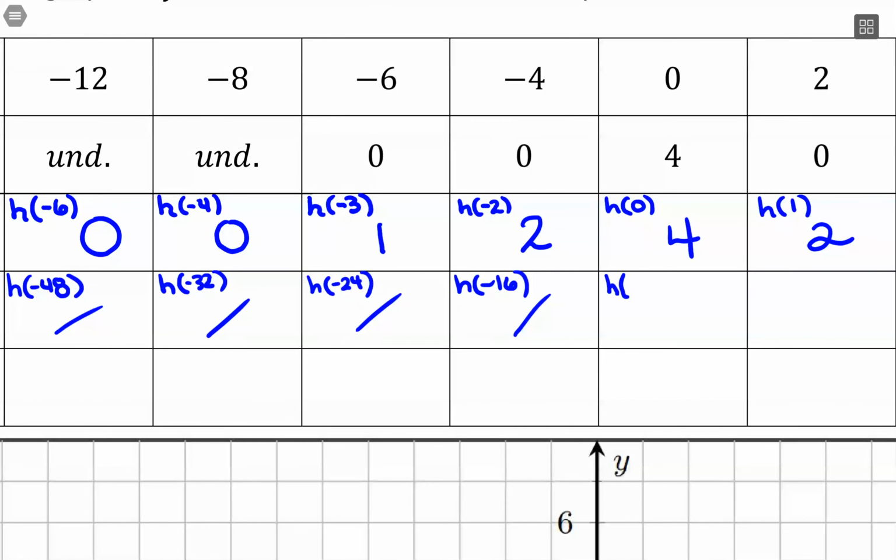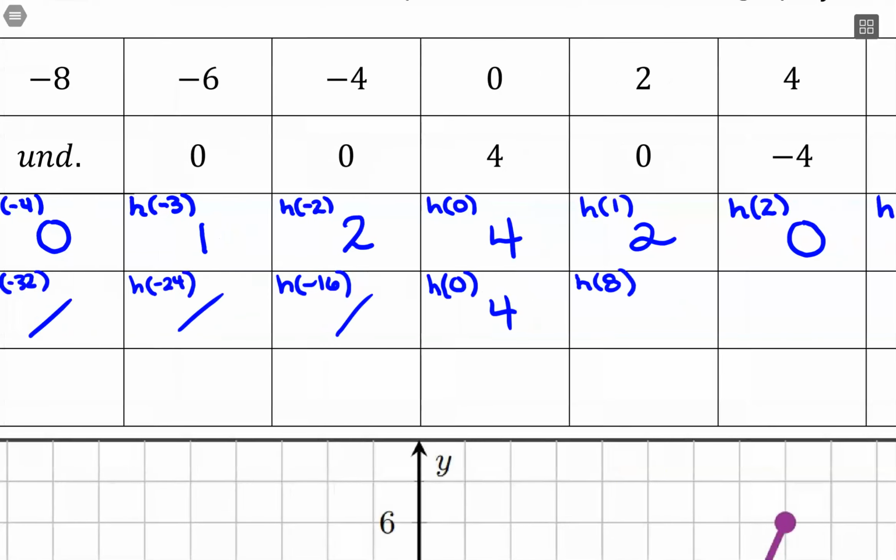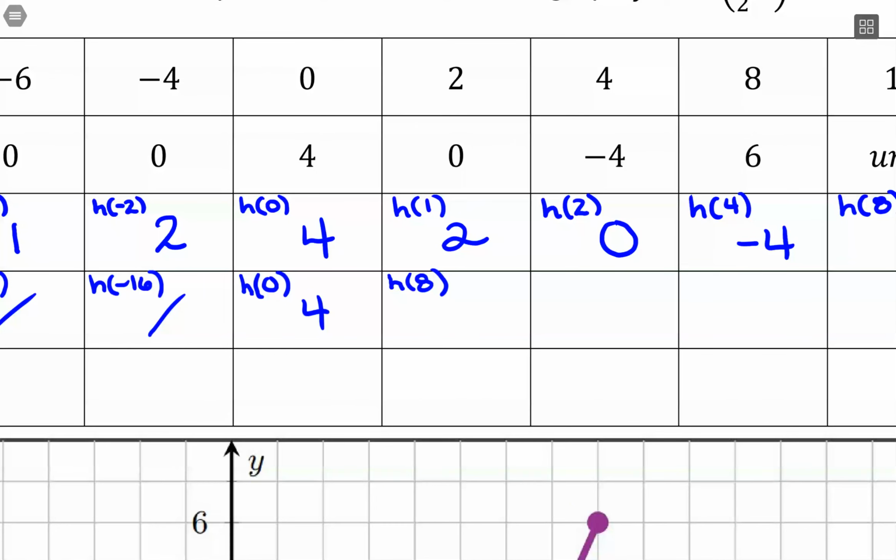H of 0, so 0 times 4 is 0, so that point's going to stay in. H of 2 times 4, which is h of 8. So we're grabbing that output of positive 6. So x equals 8 has an output of 6, and that is squishing towards the y-axis, and that point is now at x equals 2.